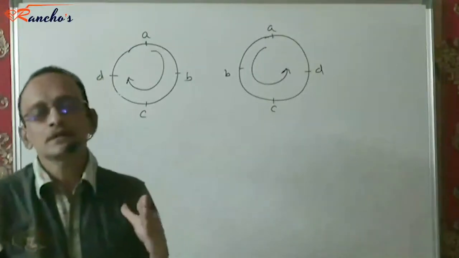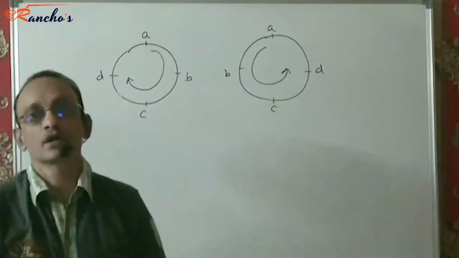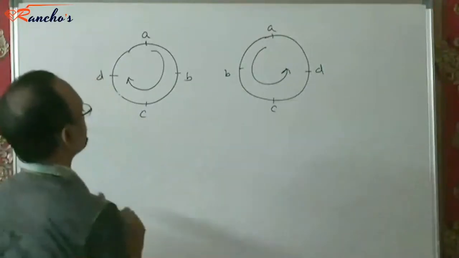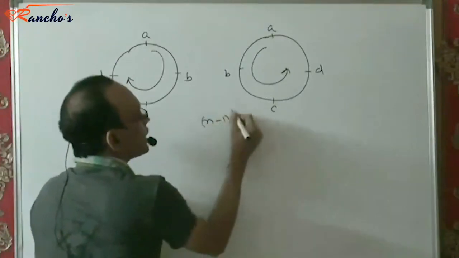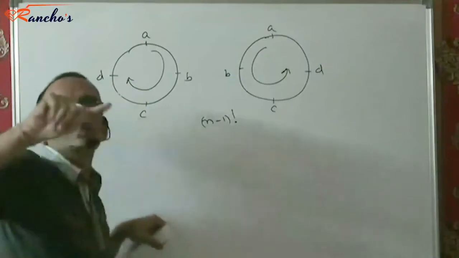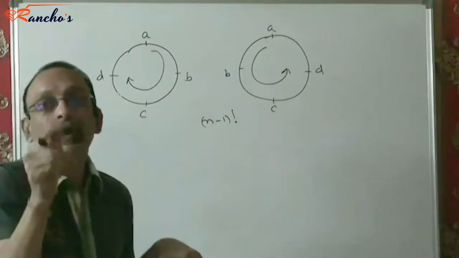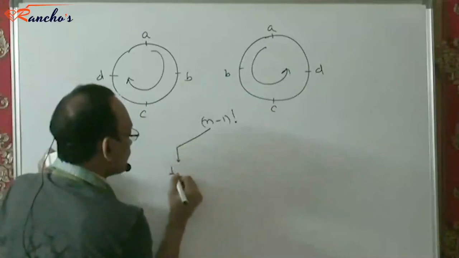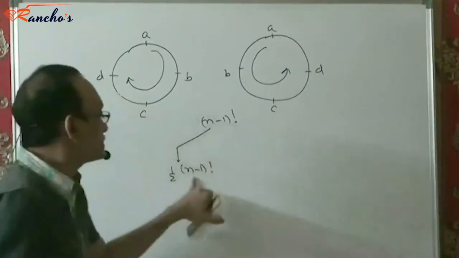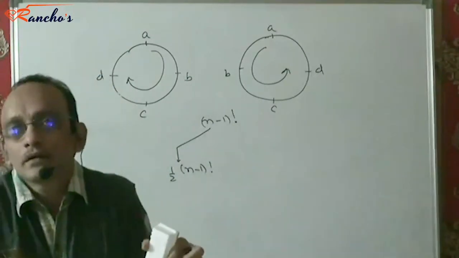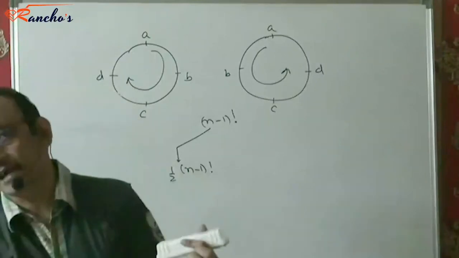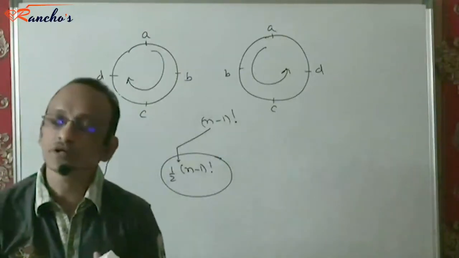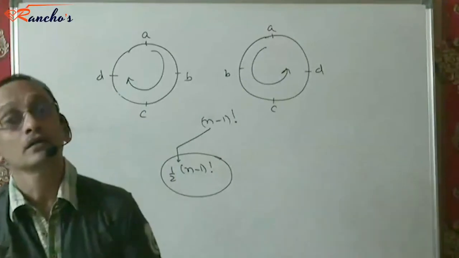Which means if anti-clockwise and clockwise arrangements were indistinguishable, they are the same, it depends on the situation, like it happens in a garland, then the n minus 1 factorial count of arranging n things in a circle is going to be half of n minus 1 factorial only, because I'm going to just look at the clockwise or the anti-clockwise because they are the same.